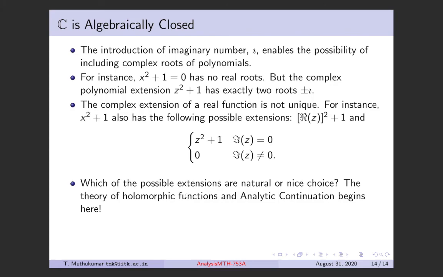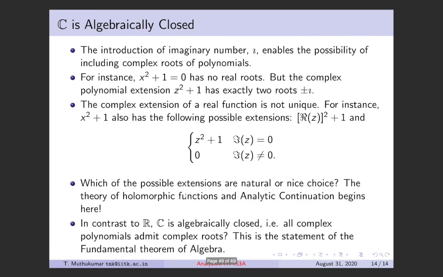Now, for our case, what we have done is this: we had a real polynomial and we were looking for real roots. It turned out that in the real situation you have no roots possible, but the problem ends there just by introducing complex numbers. So we don't have to introduce more imaginary numbers or other things to solve polynomials or these algebraic equations. Once we have introduced the imaginary number, the complex numbers are algebraically closed.